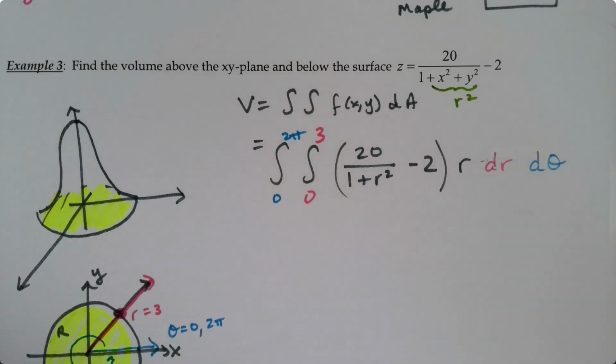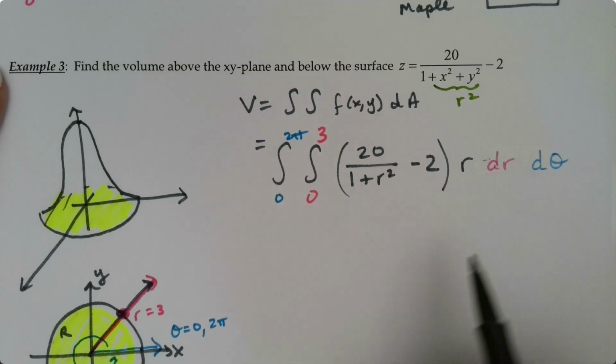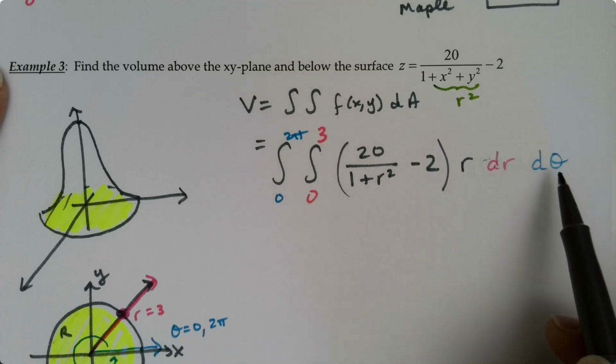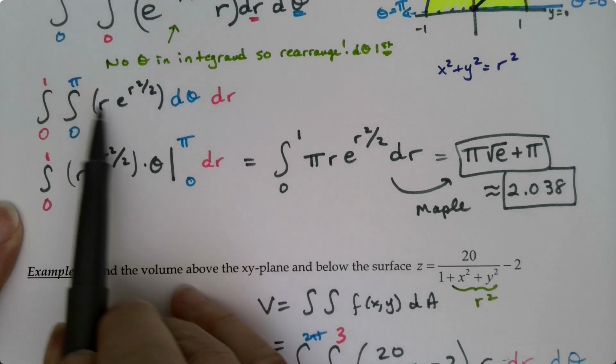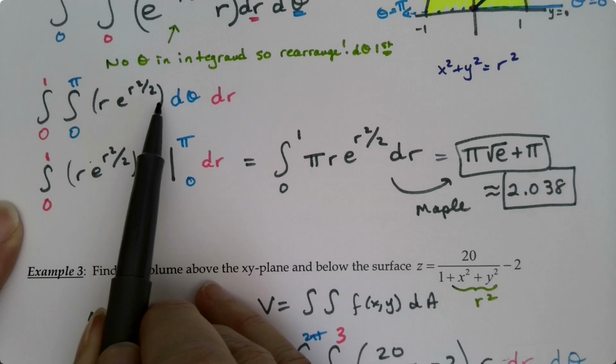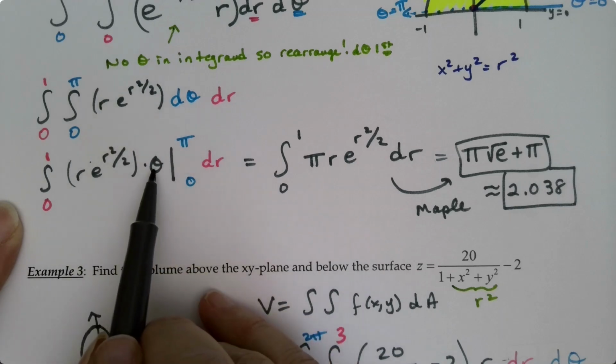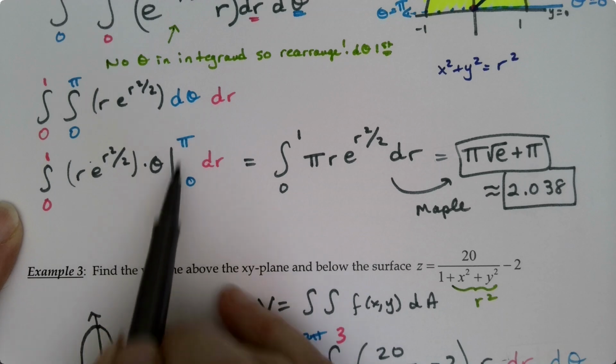So let's rewrite this, and I'm actually going to teach you a little trick. When you look at this integrand, you notice there's no theta in it. Actually, let's back up. In the previous one, when there was no theta in it, did you notice what happened? We integrated, we got theta, and then it just became the difference, pi take away 0.